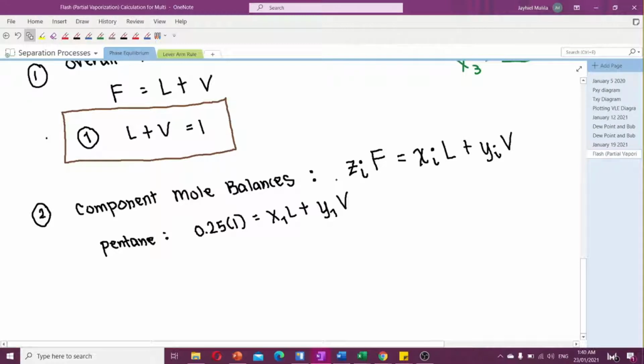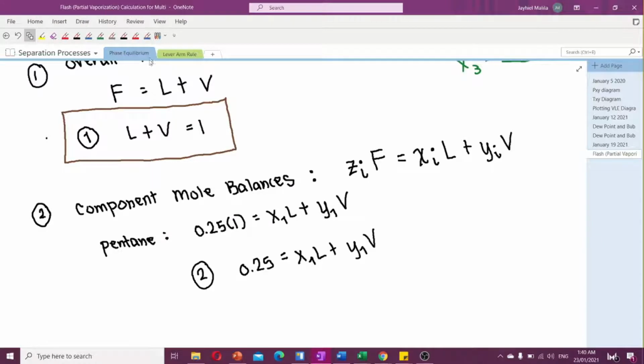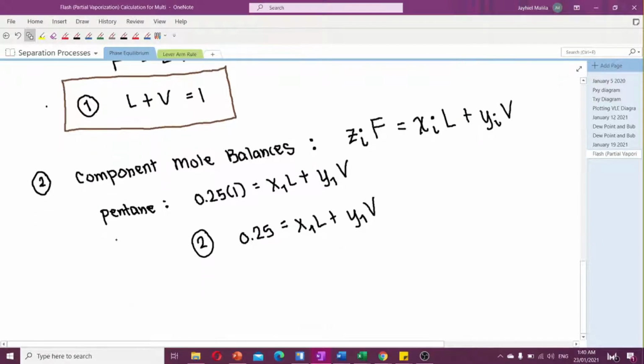Of course, that will be your second equation: 0.25 equals the product of X1L plus Y1V.